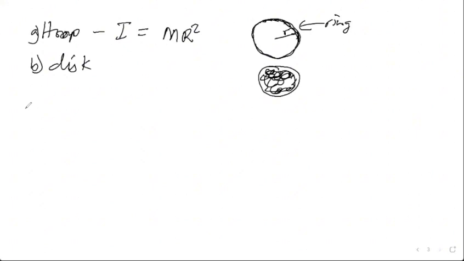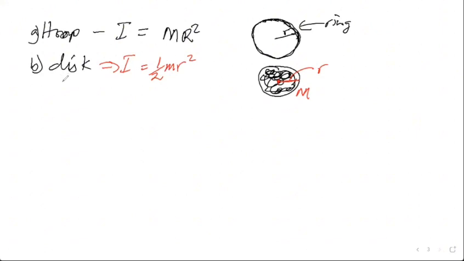The radius is the radius of the disk, R, and we have the disk of mass M. The moment of inertia of a disk is given by I equals half mr squared, where m is the mass of the disk and r is the radius of the disk.